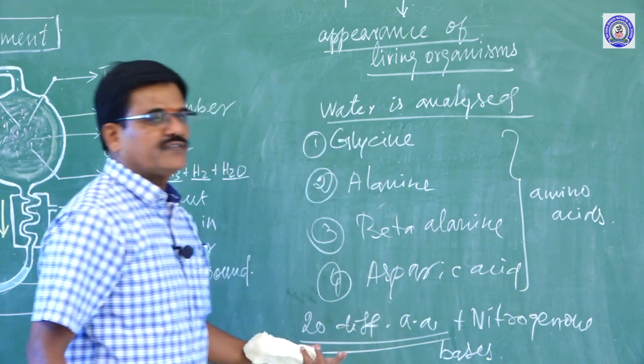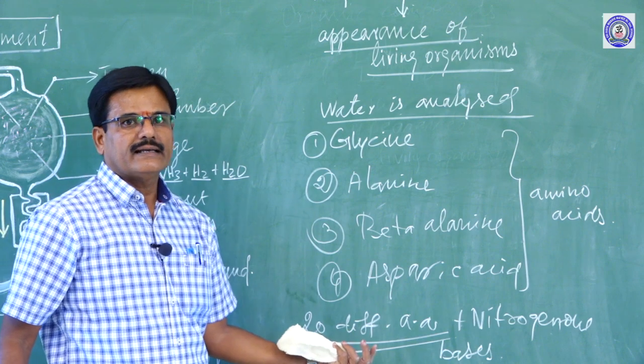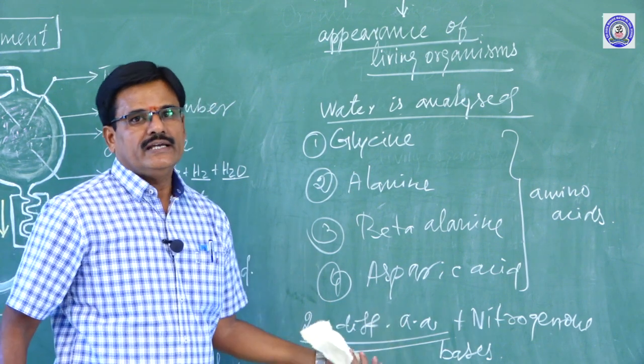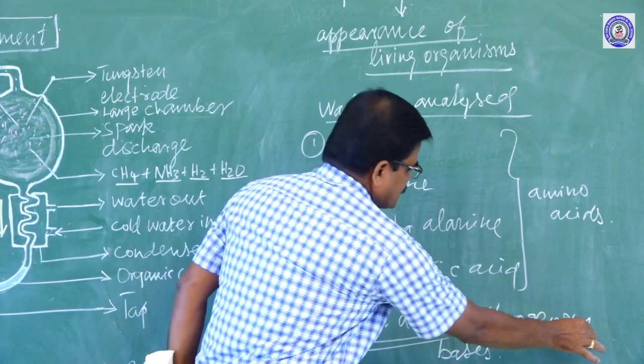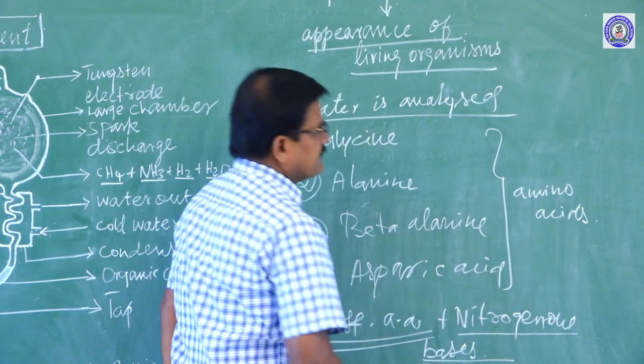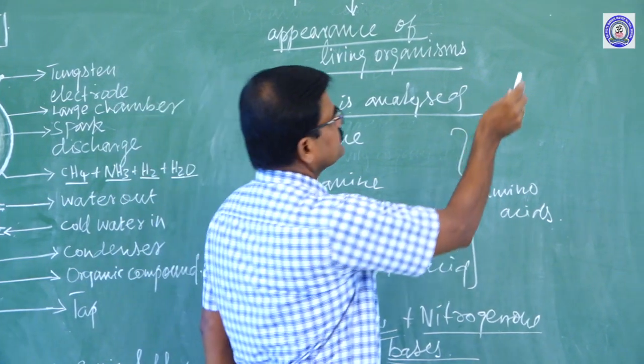You know the 20 different types of amino acids: alanine, serine, leucine, isoleucine, etc. Then nitrogenous bases.